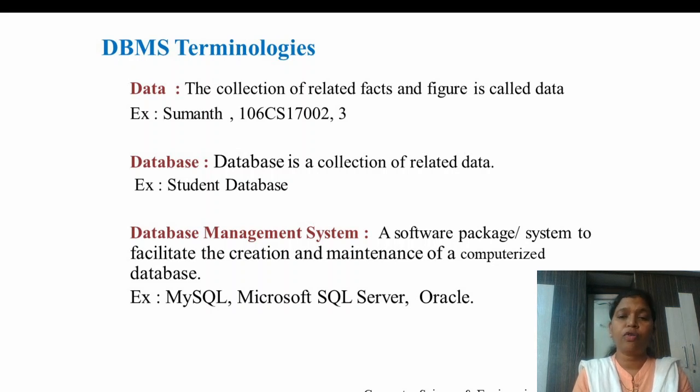It is a software package to facilitate the creation and maintenance of a database. You can think of software which will manage your entire database. Examples can be MySQL, Microsoft SQL Server, or Oracle. This can be a part of your lab later on, because when you create a database, you are going to work with these.